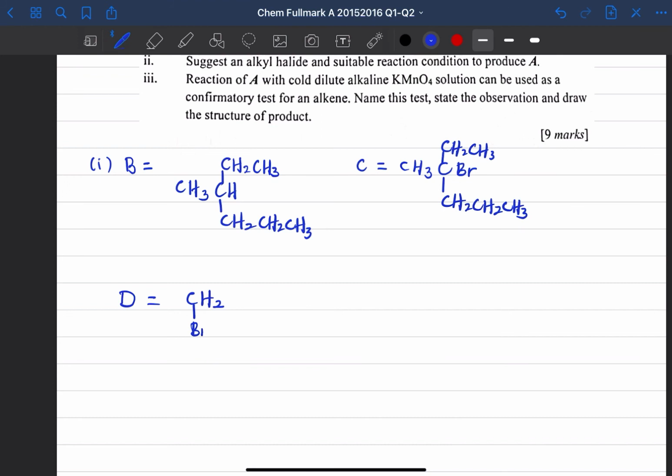Br will come here. And then COH. And then up here CH2, CH3. Below here CH2, CH2, CH3. Earlier we had the carbon double bond here. So CH2, we add bromine here, and then C we add OH.